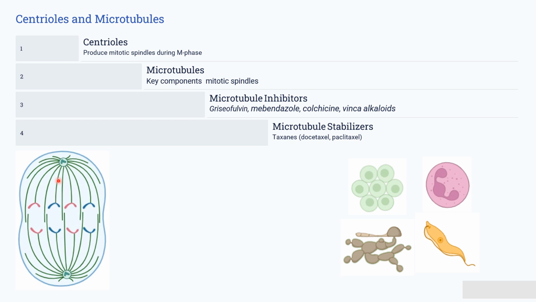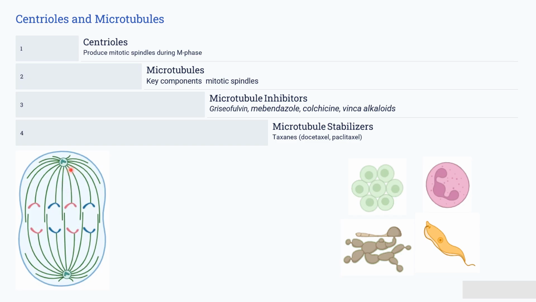Both are dangerous because if the microtubules are inhibited, then the cell division doesn't happen. Similarly, if the microtubules are stabilized, even then the cell division doesn't happen because the microtubules should be retracted and the cells should be split into two, isn't it? So if they are stabilized, then they cannot be retracted and the cells cannot divide.